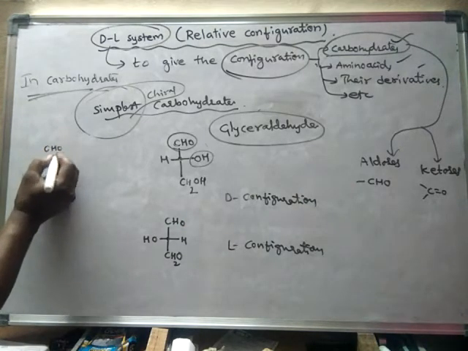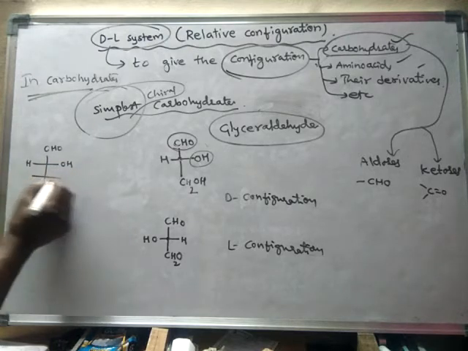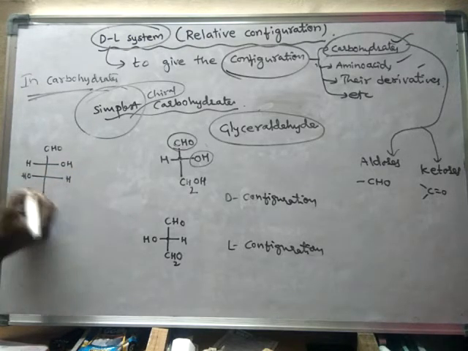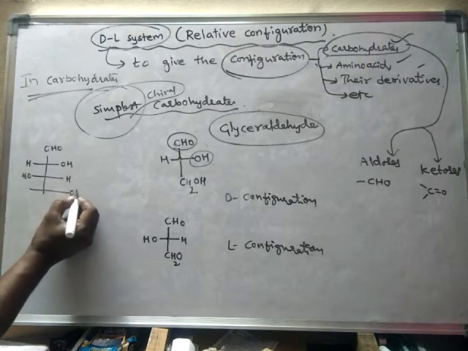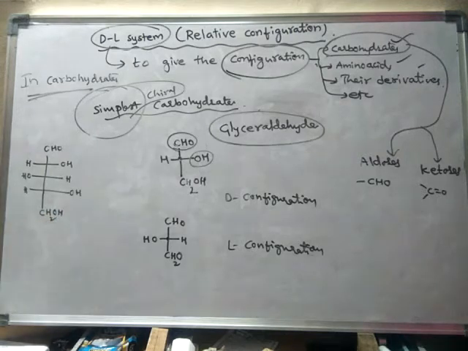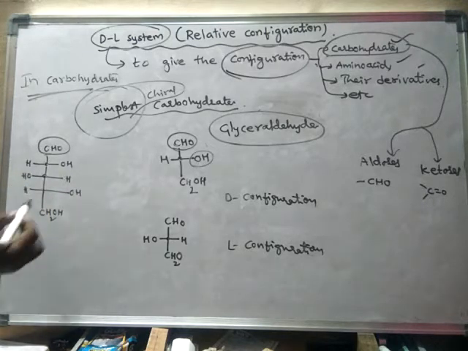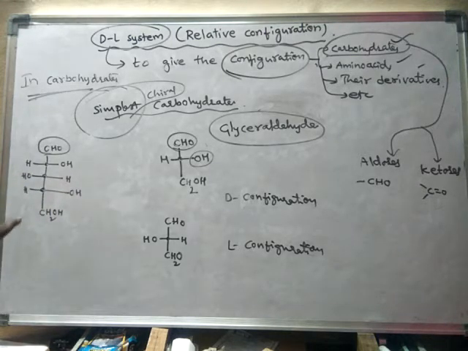Take another example. Suppose CHO group, then OH, H, then H, OH, H, and CH2OH. This is also a carbohydrate. Look here, from the CHO group we have to see how many chiral centers there are. This is a chiral center, this is another, and this is another.